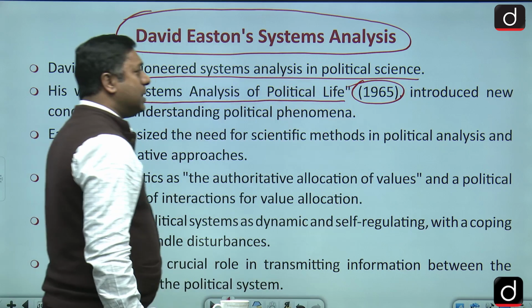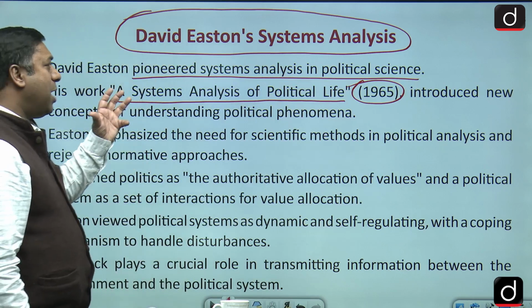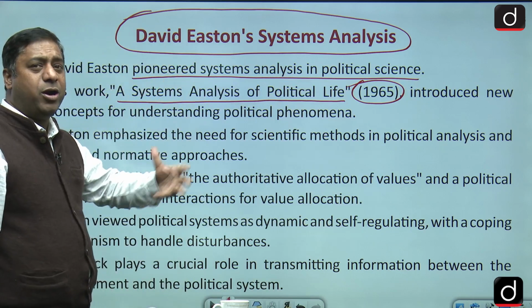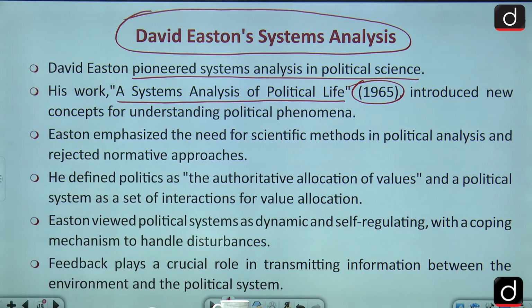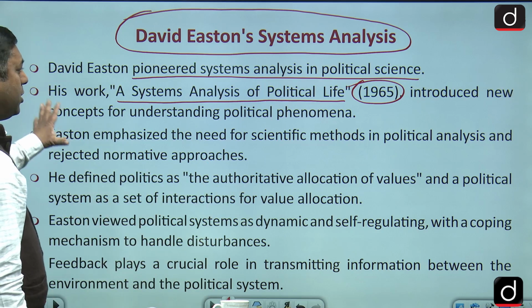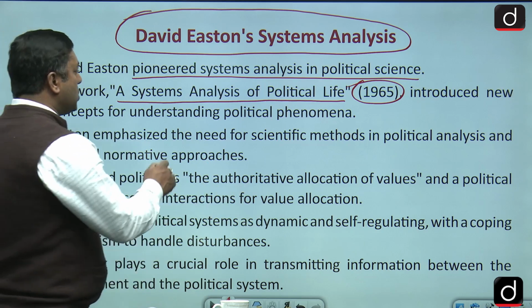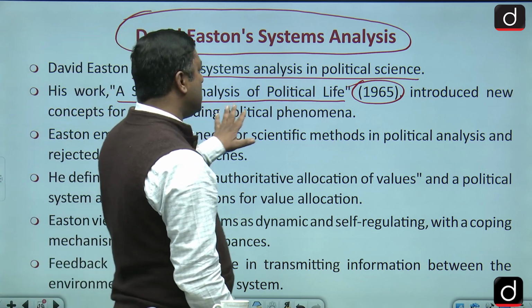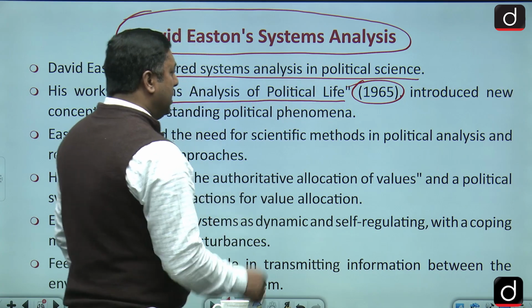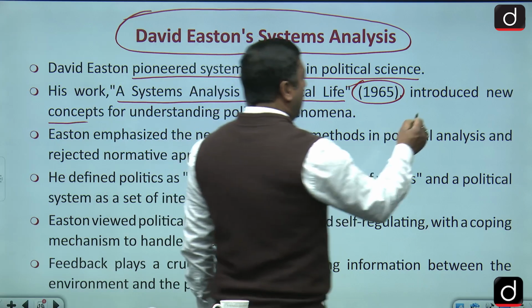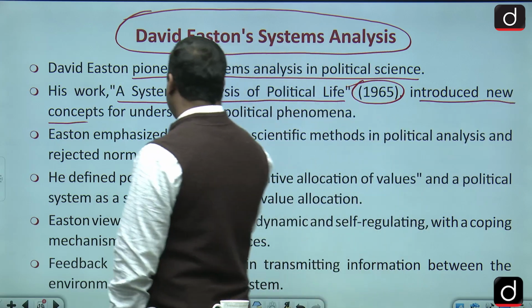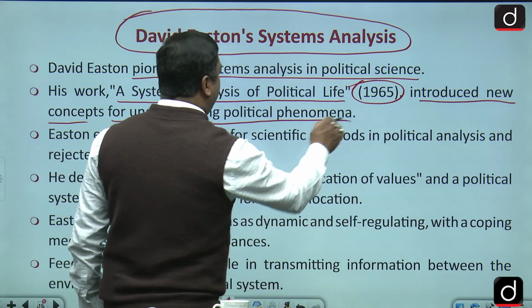That means in political science, if someone pioneered the system analysis, pioneered means he gave the concept of system analysis, it was David Easton. Now he had written a book and his work was called A Systems Analysis of Political Life. In this work, he introduced a new concept for understanding political phenomena.